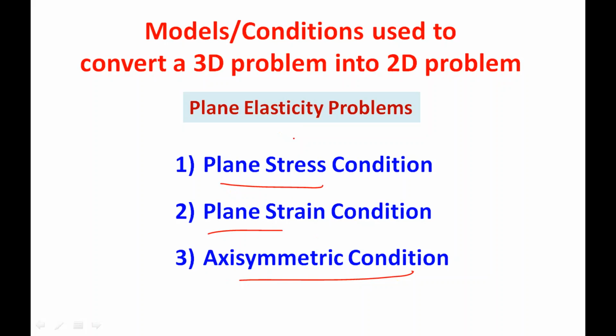Based on the geometry, load acting on the component, and material property boundary conditions, we can eliminate any one of the directions or coordinates of the three-dimensional problem. In that way, we can reduce the 3D problem into 2D. This is the concept of plane elasticity.